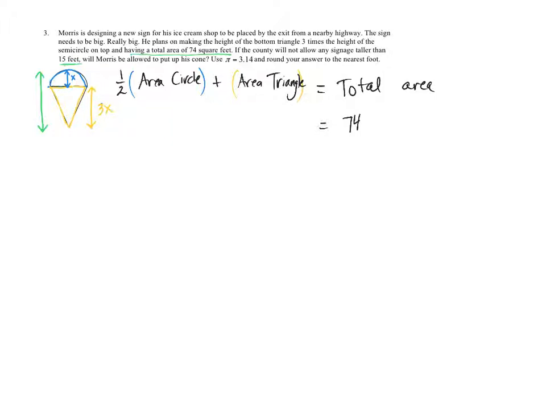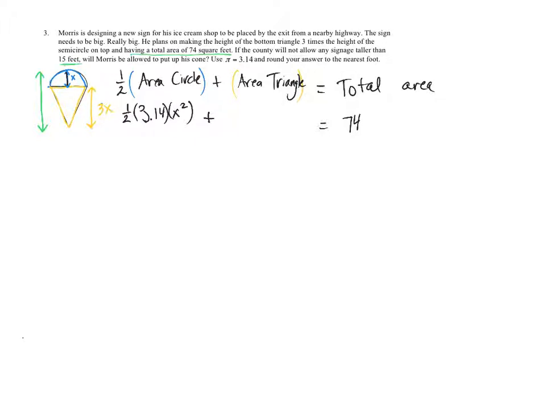Okay, so since we have a semicircle, we're going to get half the area of a circle, and we know that the area of a circle is pi, which we can approximate as 3.14, pi r squared. And here it looks like my radius is x. So I have 1/2 times pi times x squared, and then I'm going to add that to the area of the triangle.